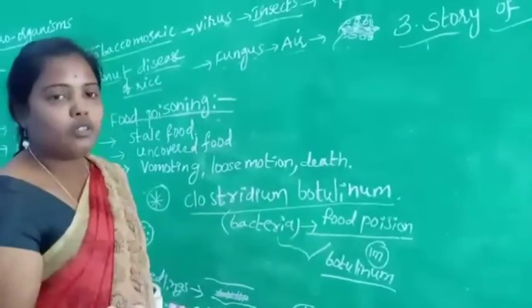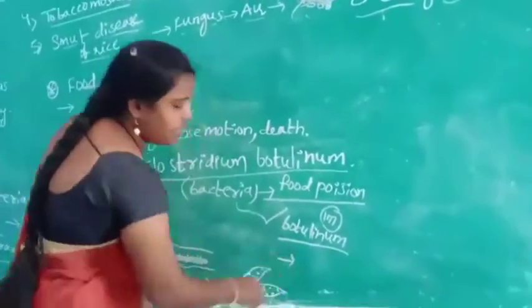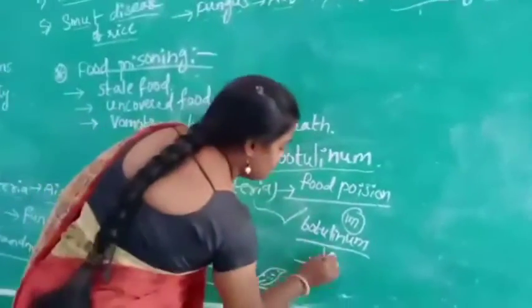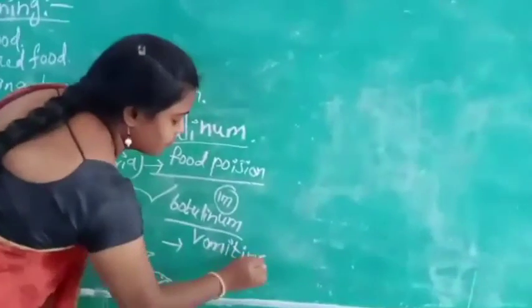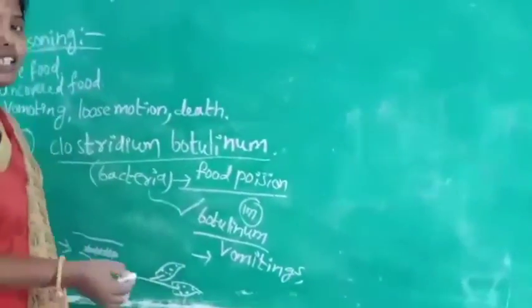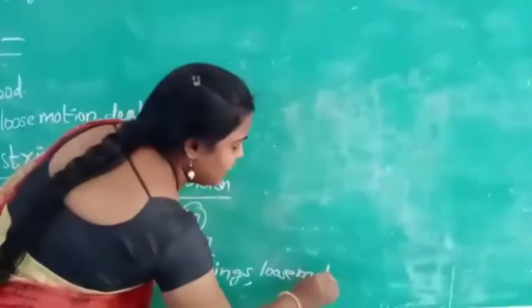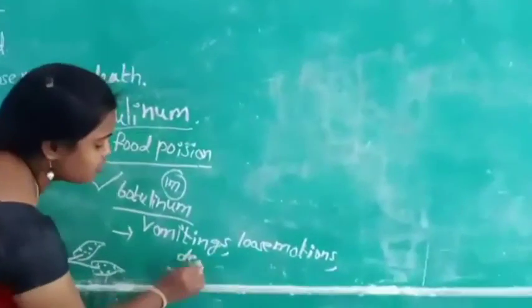Okay, how do we know that food poisoning has occurred? Food poisoning shows some symptoms to us: vomitings, diarrhea. Diarrhea means what? Loose motions. Vomitings, loose motions, and it leads to death also.